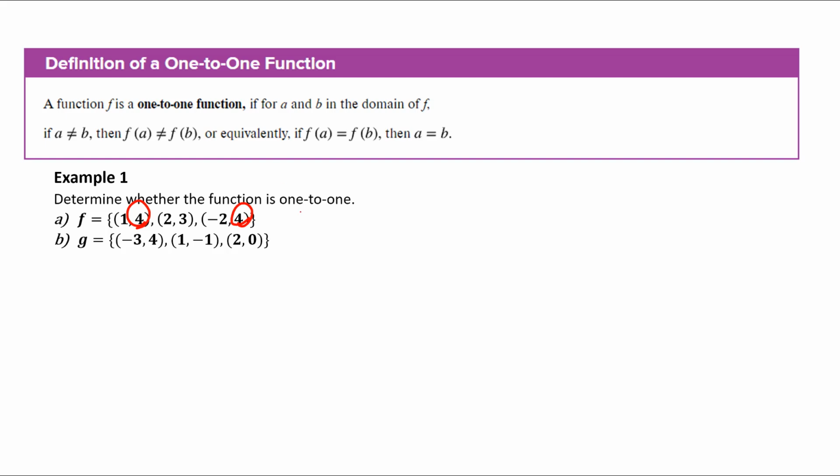So that is not one-to-one. And then in G, you've got -3, 4, 1, -1, 2, 0. Every x has exactly one y. Every y has exactly one x. So that is one-to-one.